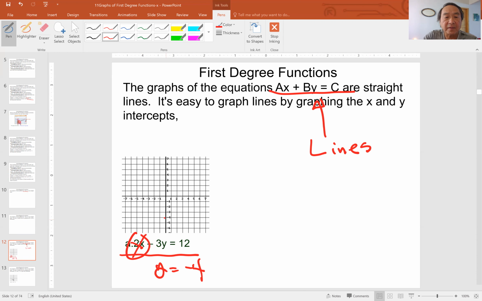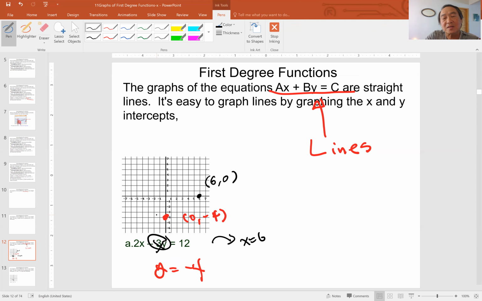And what I have is a point over here, (0, -4), which is the y-intercept. That's 1 point. And then I do it the other way around. I put y equal to 0, and then solve for x. Then this one will give you x equal to 6. And then we have the point where y is 0 and x is 6. And these are the two intercepts. Since the graph is a line, that's the graph.